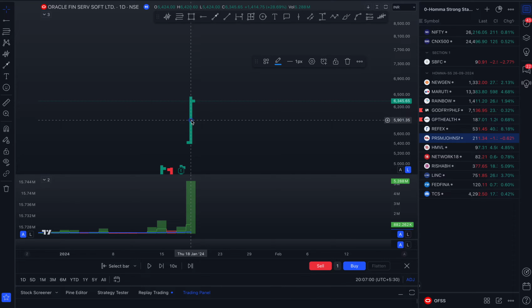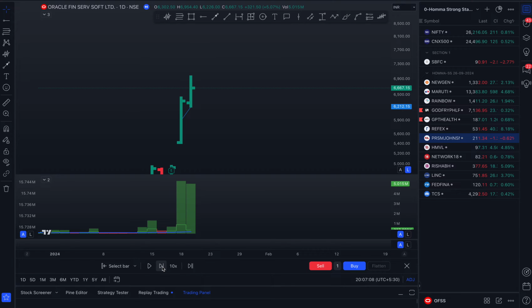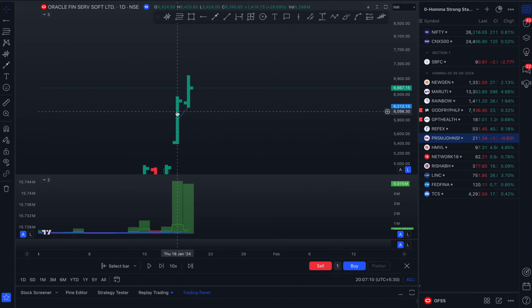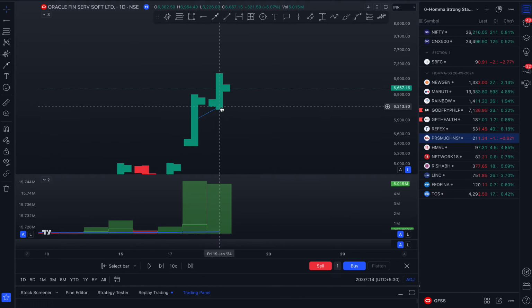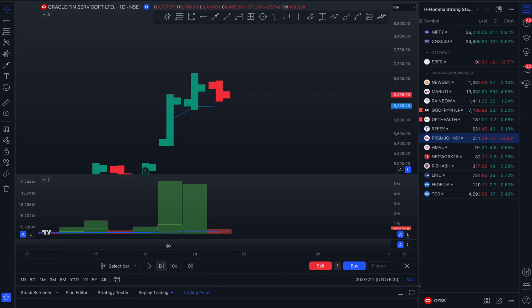The price at which the average volume got transacted was here. Next, you see that the average price on this day has been here, like 6,700 something.